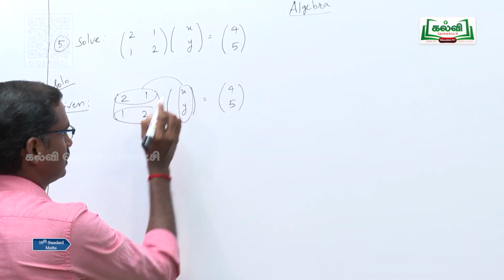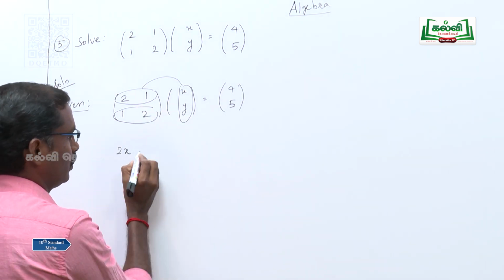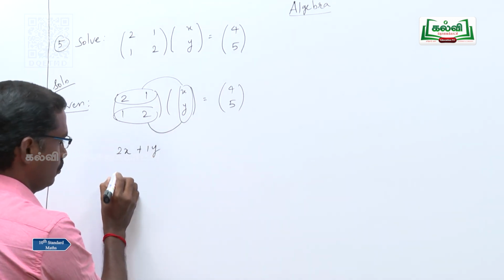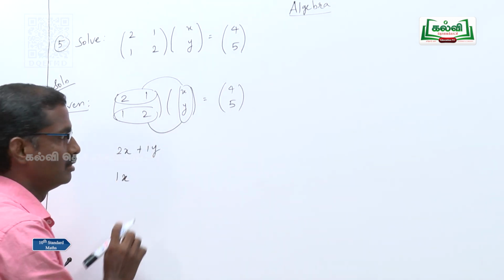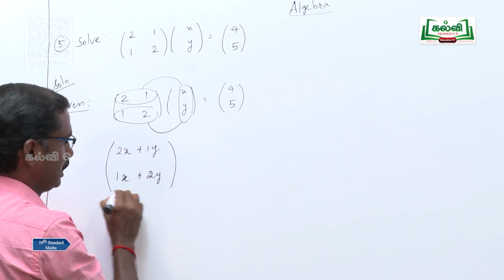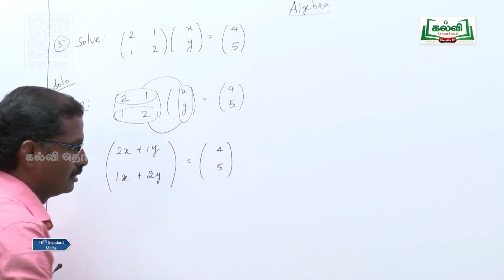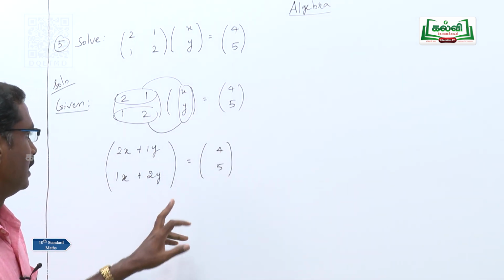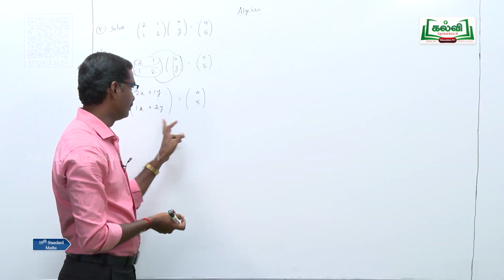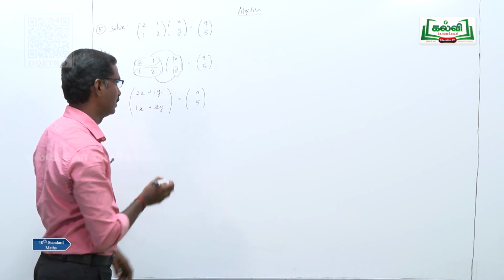First row, first column: 2 multiplied by x is 2x, 1 multiplied by y is plus 1y. Second row, first column: 1 multiplied by x is 1x, 2 multiplied by y is 2y. So multiplication is over. On the right side we have 4 5. Listen, on the left hand side we have only one matrix, on the right hand side we have only one matrix. These two matrices are equal, so corresponding elements are also equal.